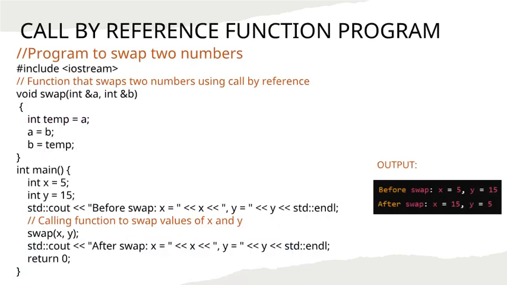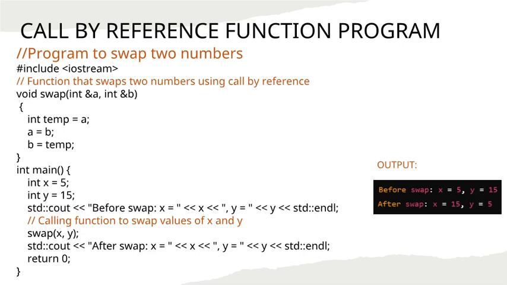This C++ program demonstrates how to swap the values of two integers using a function. The program begins by including the necessary header for input and output operations. It defines a function swap that takes two integer references, integer ampersand a, integer ampersand b, as parameters.